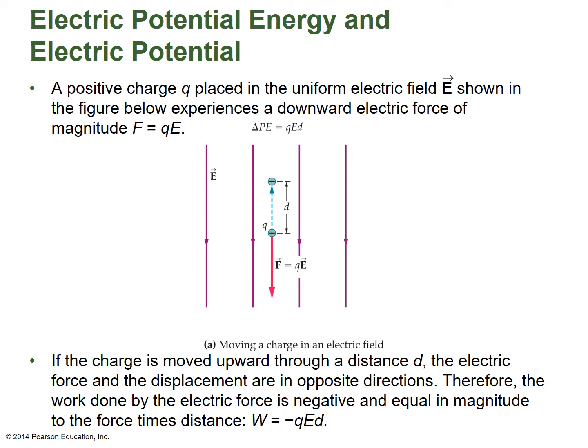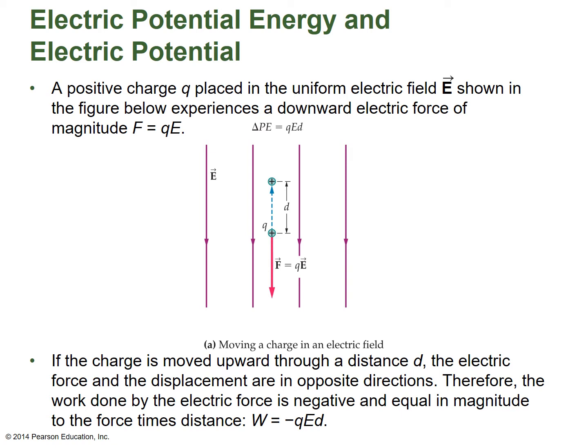In this example, we have a uniform electric field, and the uniform electric field is pointing downward. If you have a positive charge in this field, this positive charge will move with the field.